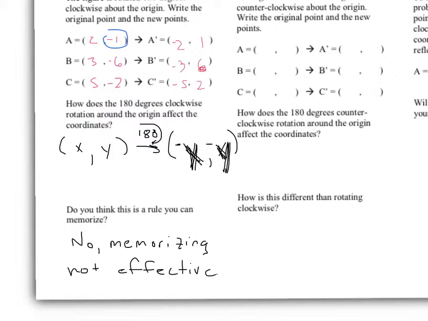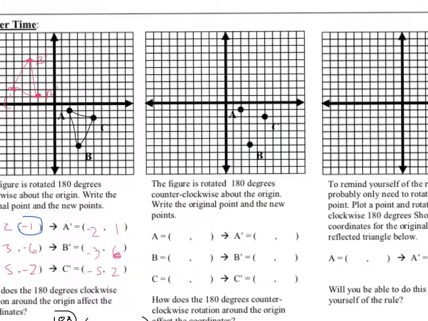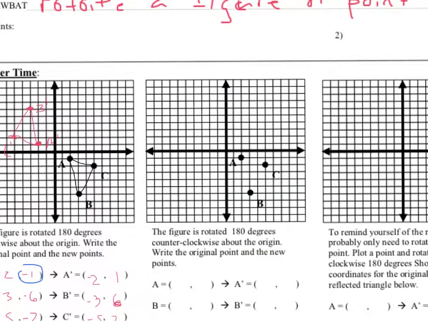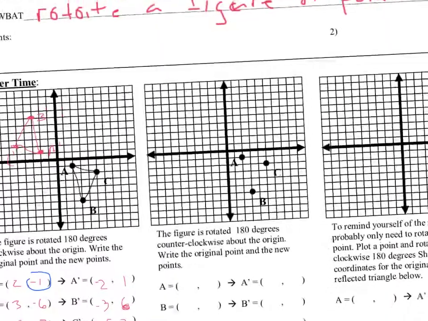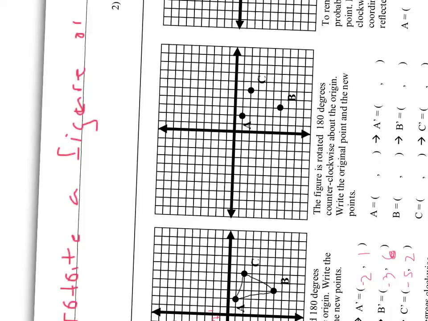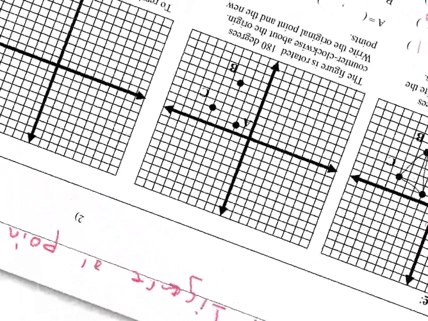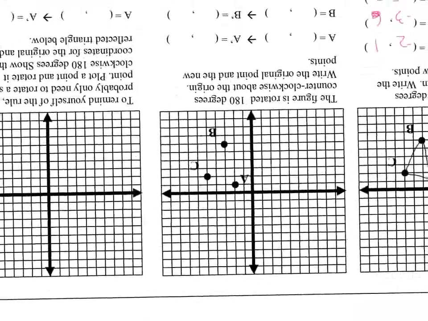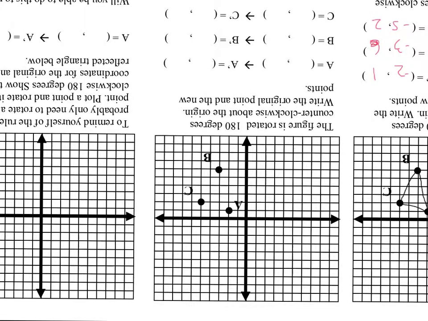But first we're going to focus on this next one, which is a rotation of 180 degrees counterclockwise. So I'm going to take this and I'm going to rotate it now counterclockwise. Notice I'm turning it to the left now. This is a 90-degree turn and 90 degrees more. I can see that my points are now A is -2, 1.